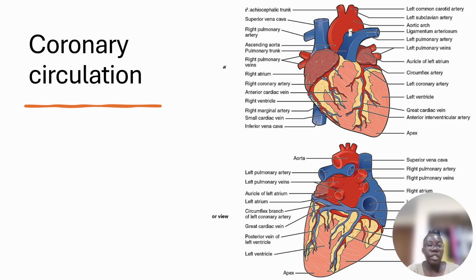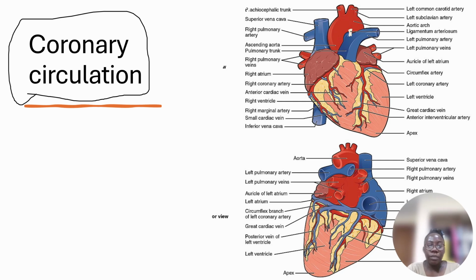The coronary circulation is a system where the heart gets nutrients for its cells. So we have the aorta, which is divided in three parts: the ascending aorta, the aortic arch, and the descending aorta.